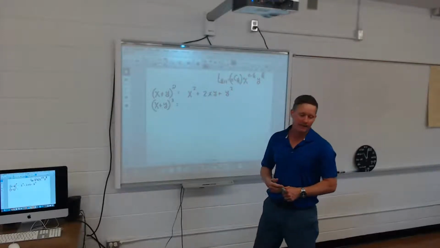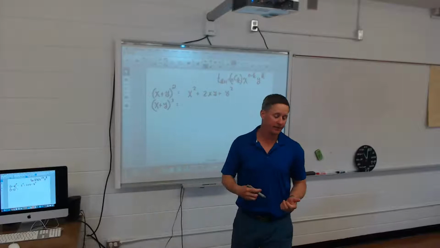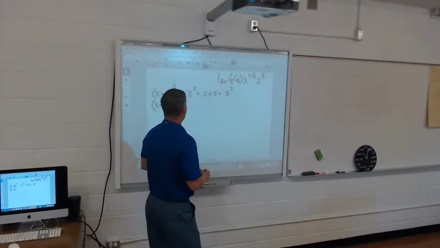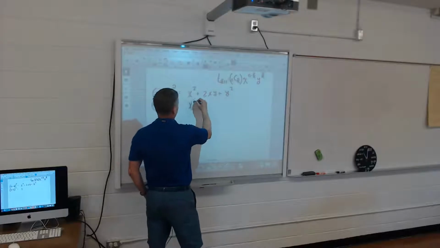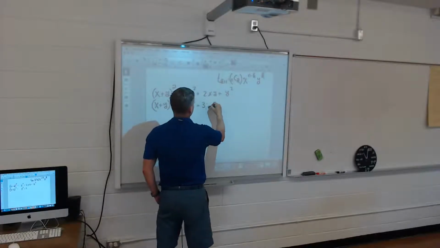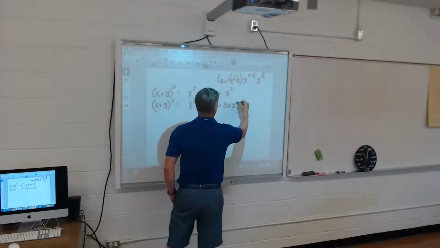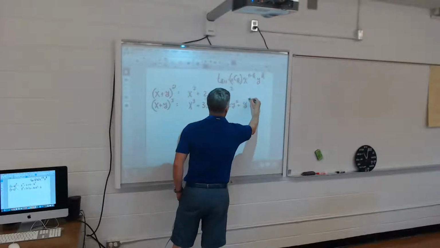So (x plus y) cubed. There's a very simple pattern to this that's going to allow you to do it without much effort. So it goes x cubed plus 3x squared y plus 3xy squared plus y cubed.